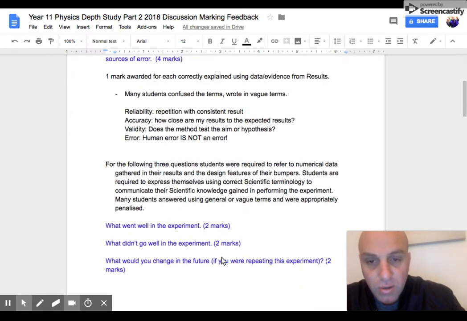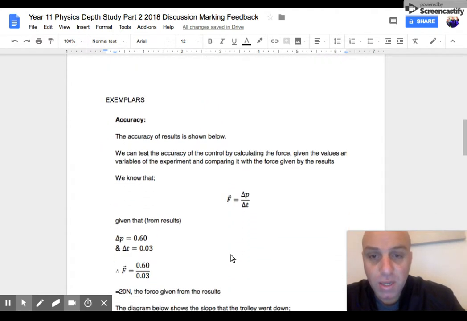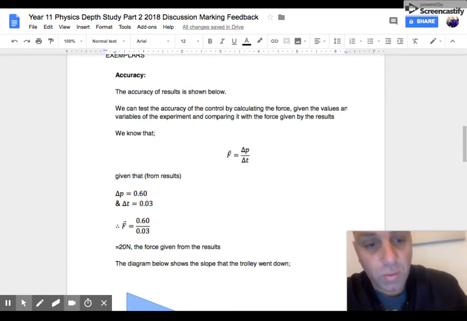Okay, so I've included an exemplar down here, for example, for accuracy. For accuracy, this person actually went through. This is one that a lot of people struggled with because they didn't know what their expected result was. But your expected result is simply to reduce the force when you've got your bumper attached to your trolley.